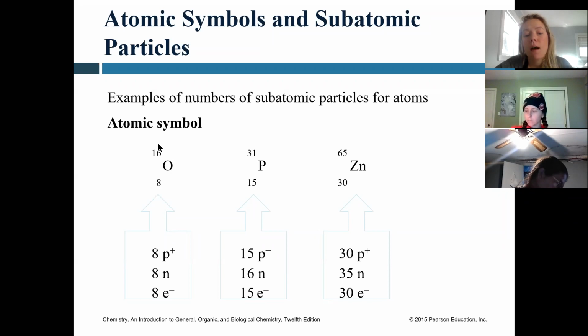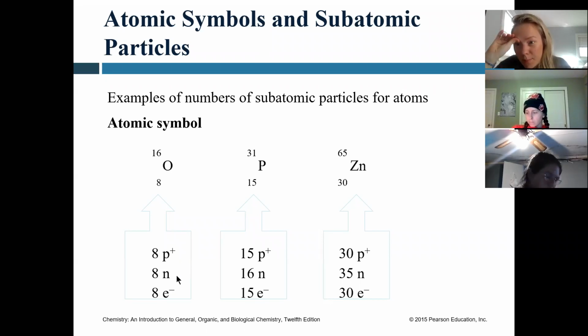So I would call this oxygen 16. If I'm working with oxygen 16, it should have 8 protons because its atomic number is 8. It will also have 8 neutrons because the mass is 16. I'm going to take 16 minus the 8 to give me the remainder of 8. And then the electrons will also be 8 because it's charge neutral.